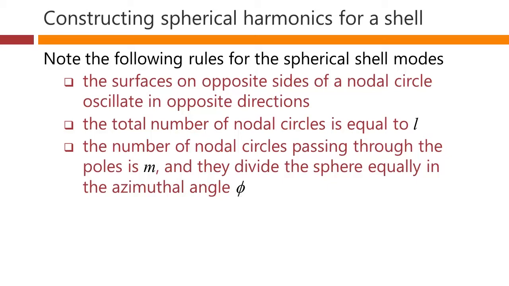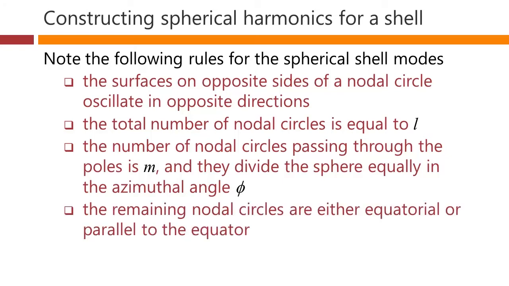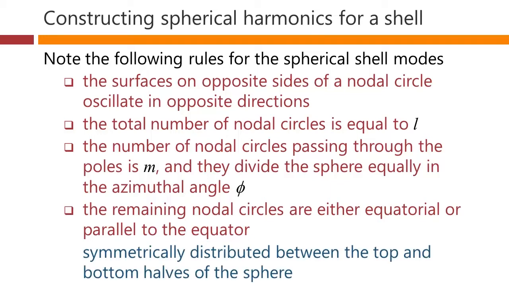We saw that, for example, with the division of the sphere into quadrants if we had 2 nodal circles going through the poles. The remaining nodal circles are either equatorial, that is, round the middle of the sphere, or at least parallel to the equator. And these ones are symmetrically distributed between the top and bottom halves of the sphere.